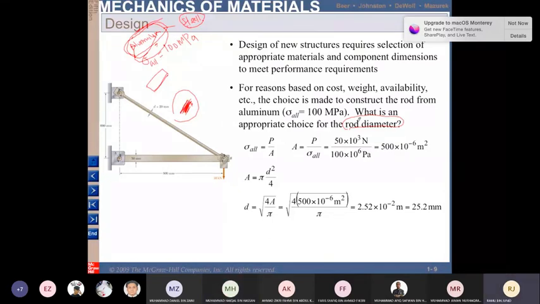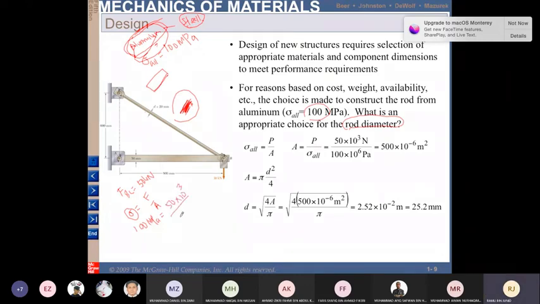Okay, so you calculate. What is the required diameter? So you know that FBC is equal to 50 kN, kan? Yeah, 50. So from the calculation, stress is equal to F over A. And this stress, the allowable stress, is equal to 100. 100 MPa equals F, 50 kilonewton, divided by area.